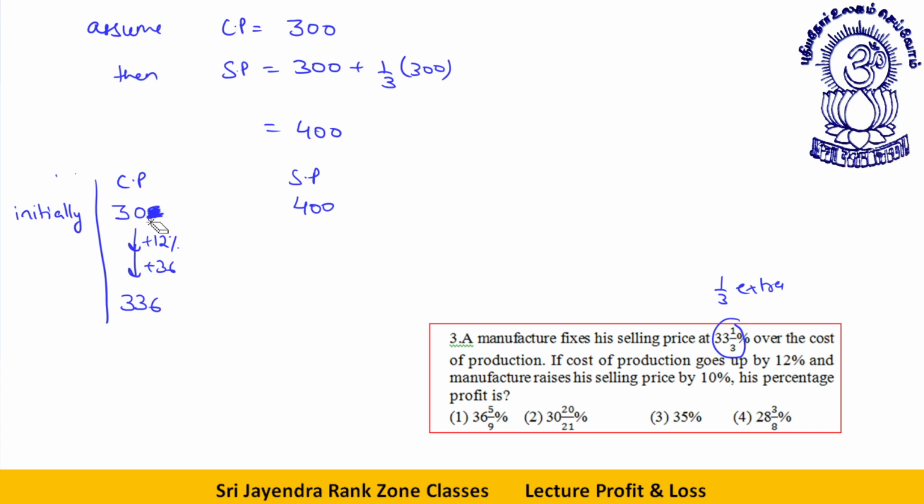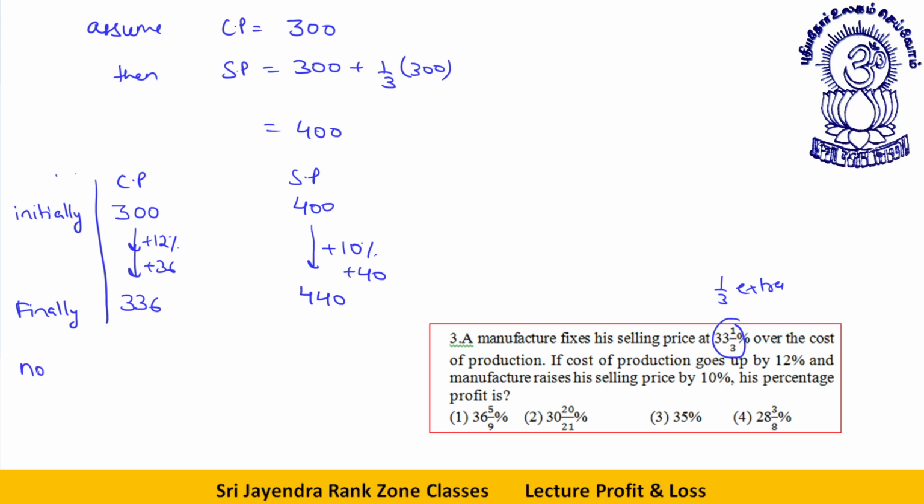Okay, dear students. New CP becomes 336. The cost of production goes up by 12% and manufacturer raises his selling price by 10%, his percentage profit is. Now this is increased by 10%, so it becomes plus 40. It becomes 440.